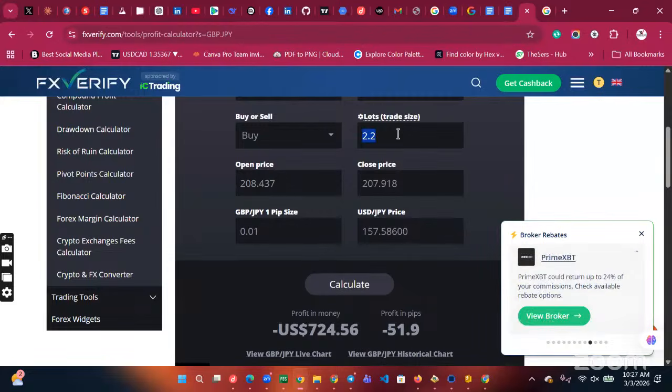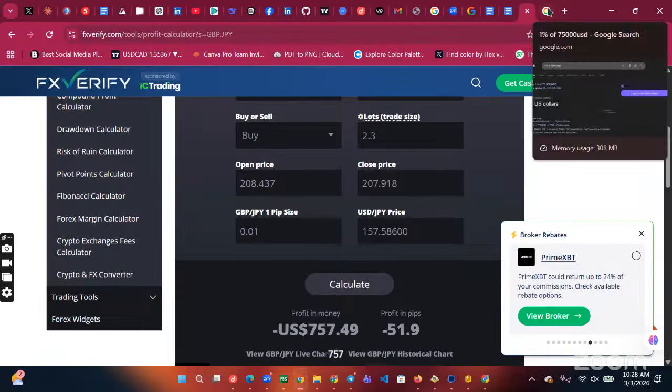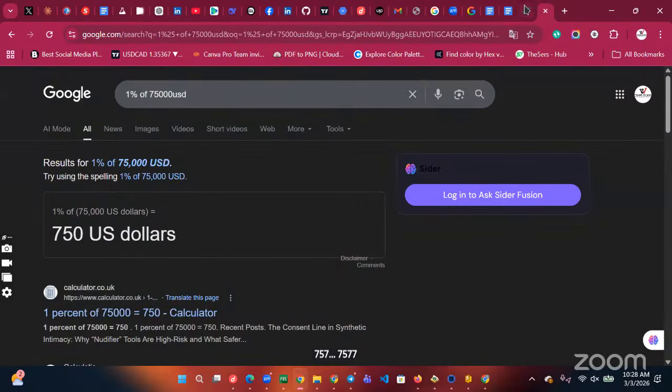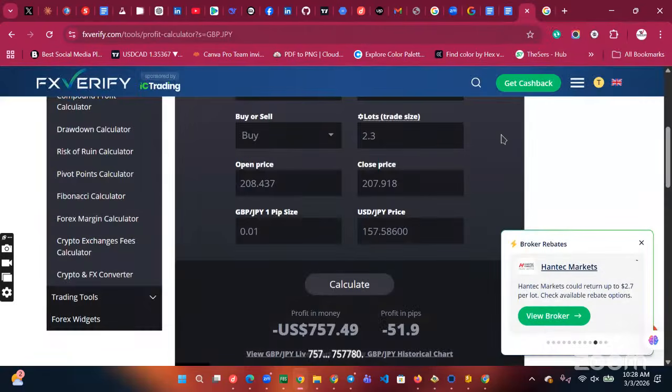I think I'm very close. 2.3, 757, 750. So I'll be using 2.2 lot size. I don't want it to go above that 750. So yeah, I think this is fine.